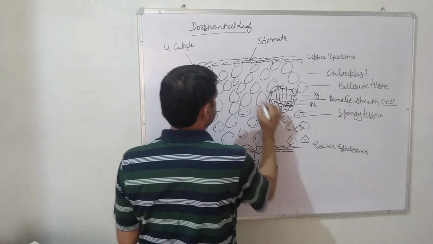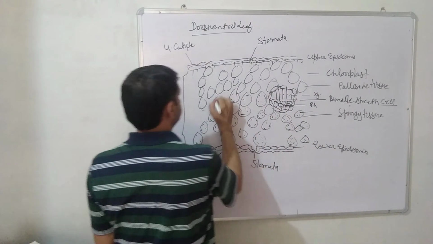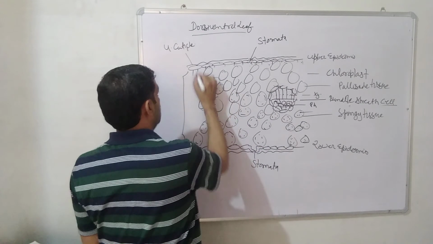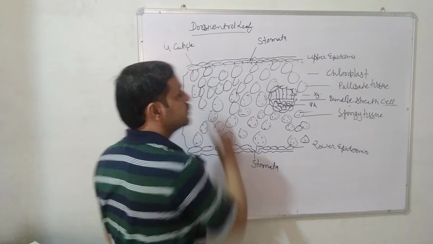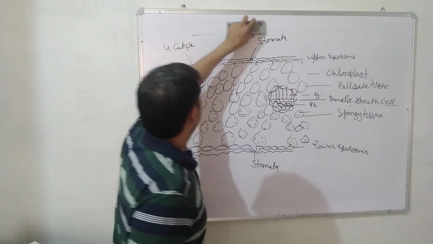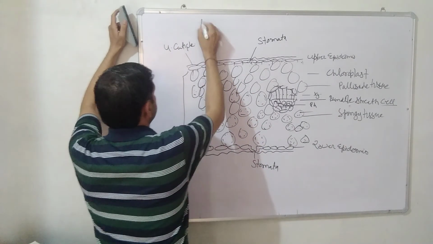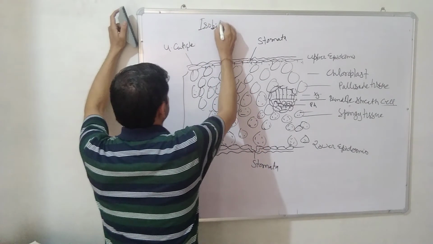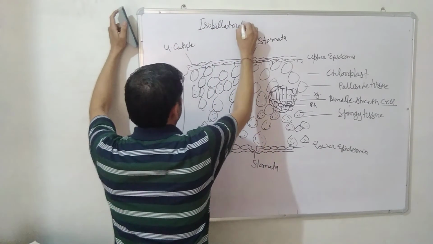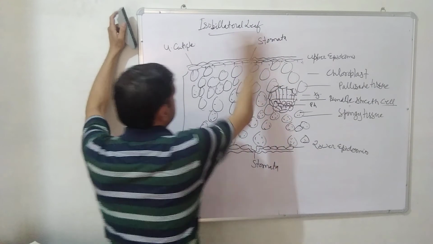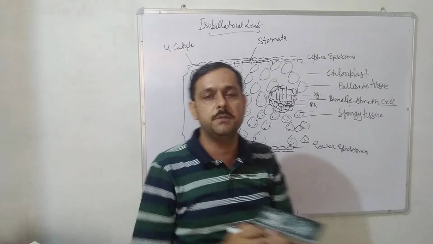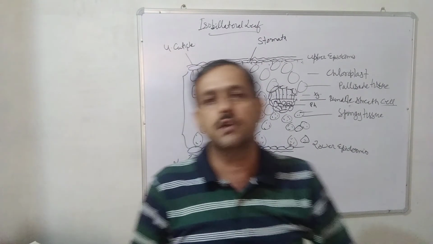So this is the structure of the isobilateral leaf. These are the main basic differences between isobilateral and dorsiventral leaf.